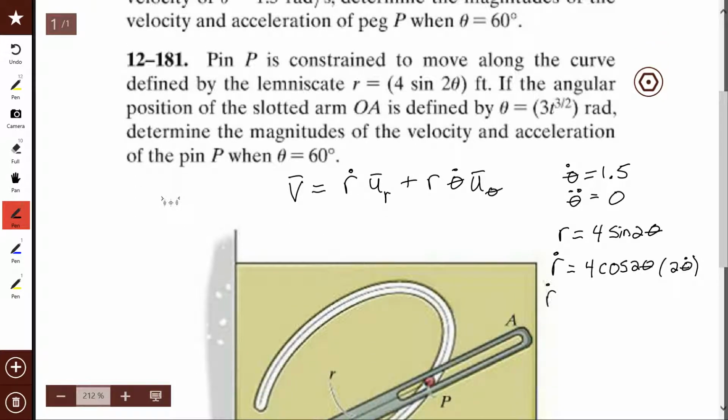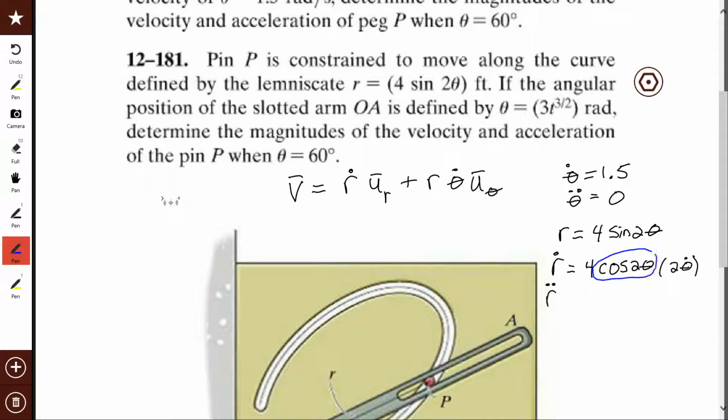For r double dot, I'm going to treat this term as a product formula. Of course, I'm going to take the 4 out front. So there's term number 1, and term number 2 is this one right here. I'm going to take the 2 and the 4 out together. So r double dot is equal to 8, it's 2 times 4. Put a big bracket here. Factor that out in front.